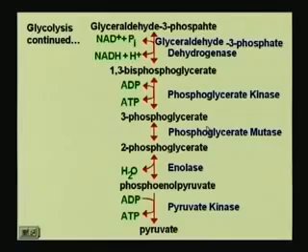After you form 3-phosphoglycerate, there is a mutase reaction which shifts the phosphate moiety from the 3rd carbon to the 2nd carbon. So, you have 3-phosphoglycerate form 2-phosphoglycerate, then another enzyme that helps in the dehydration is enolase, which results in phosphoenol pyruvate.